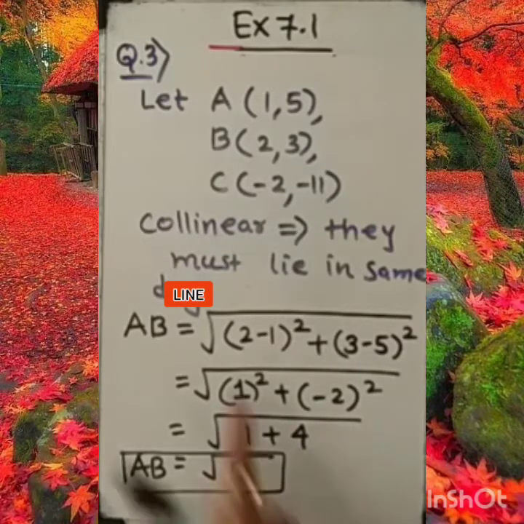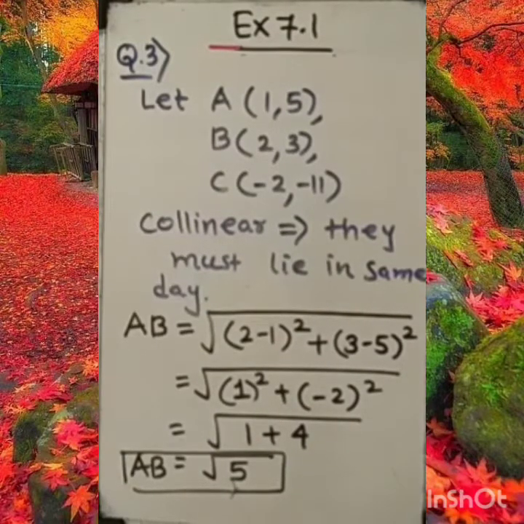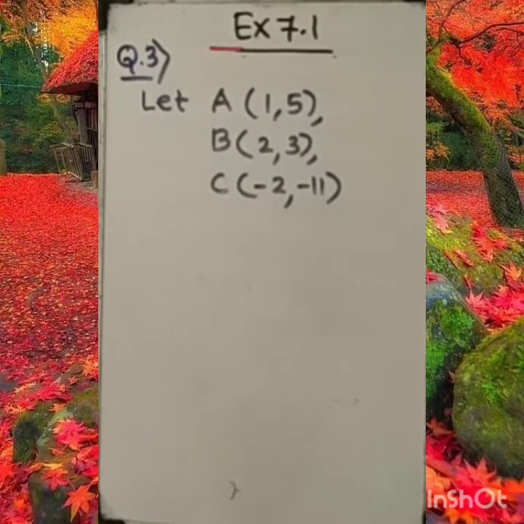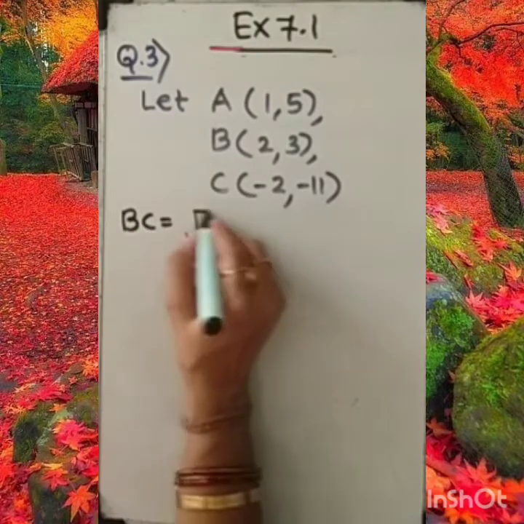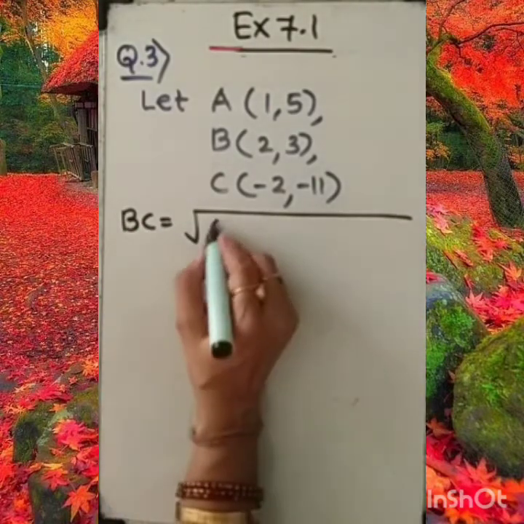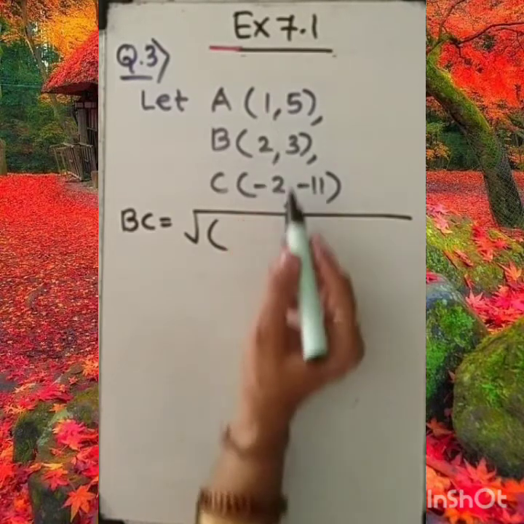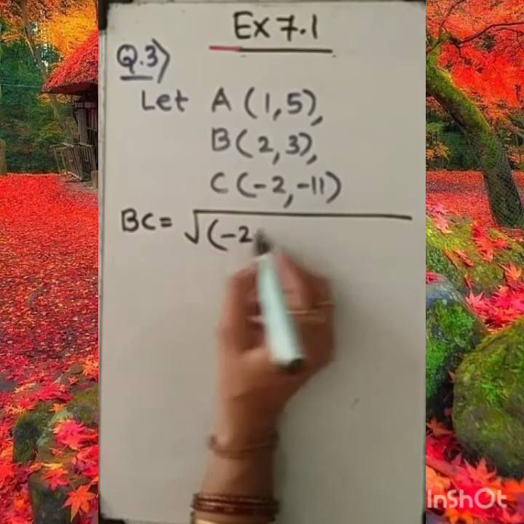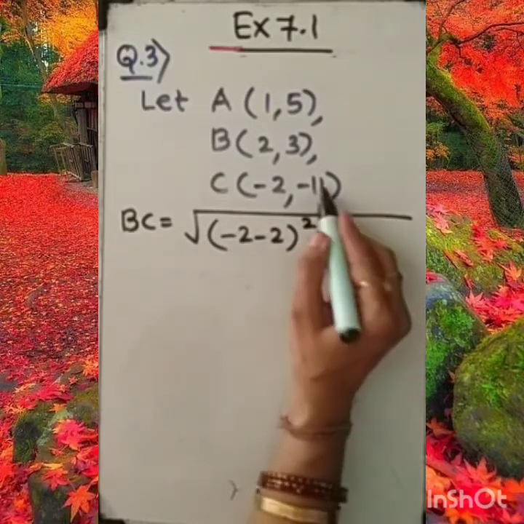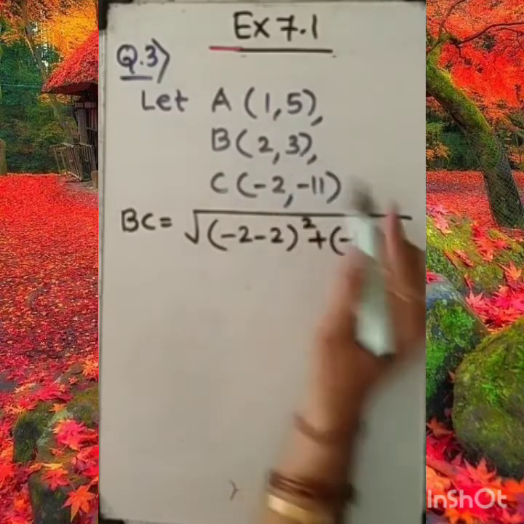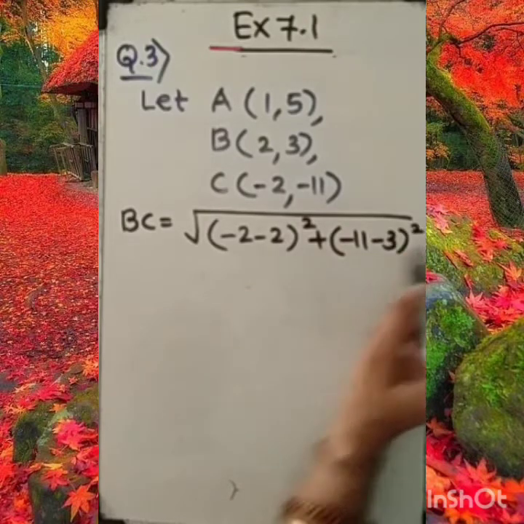Now we are going to find BC. So the distance between the 2 points B and C, that we can give as under root of, very simple, very easy, x2 minus x1: minus 2 whole square plus minus 11 minus 3 whole square.